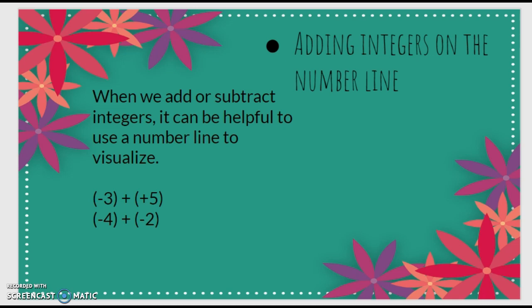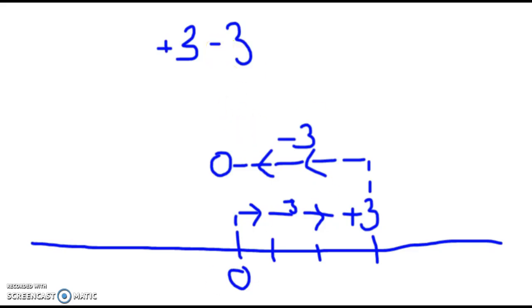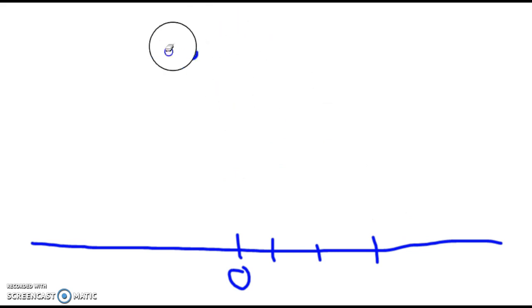So if you have negative 3 plus 5, or negative 4 plus negative 2, we're just going to do the negative 3 plus 5. You can go ahead and try the other one if you would like, and you can always check that work in the book on page 415.